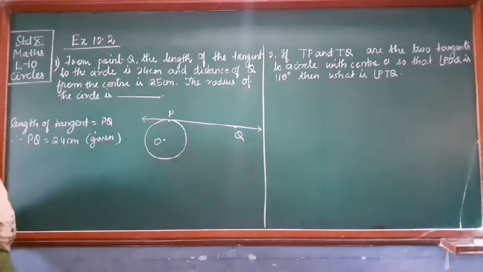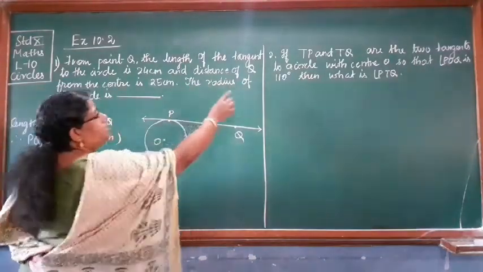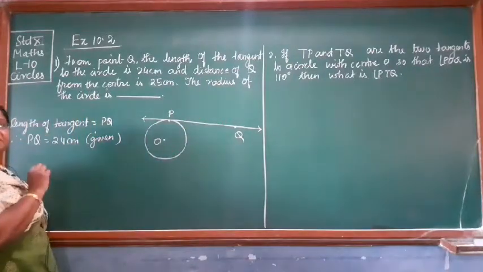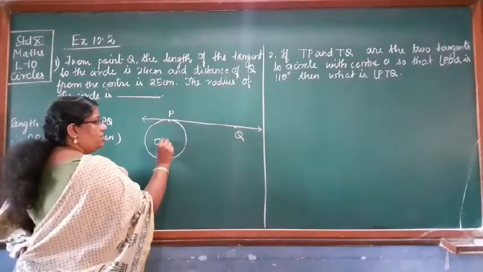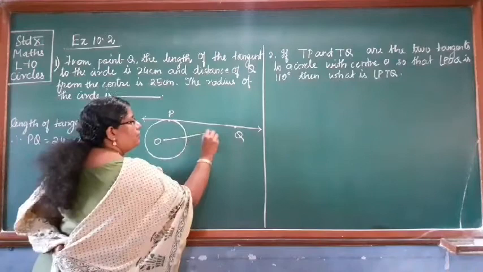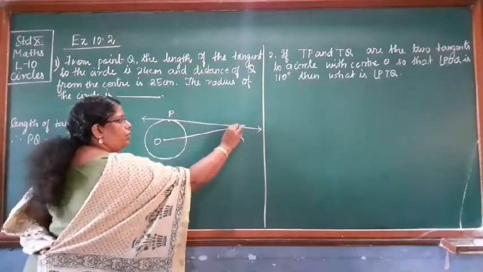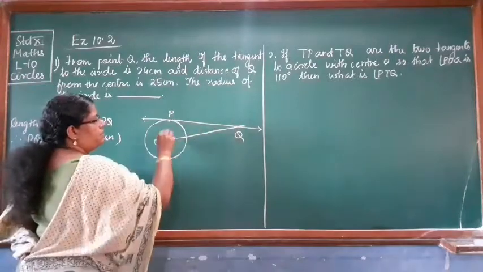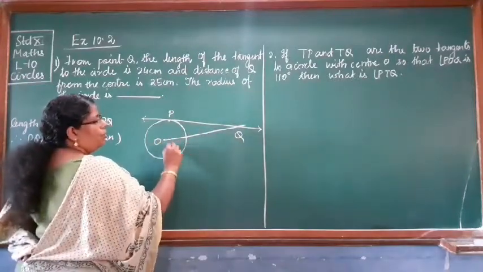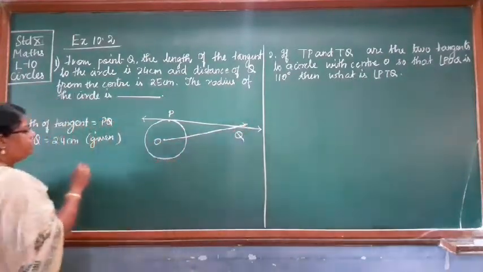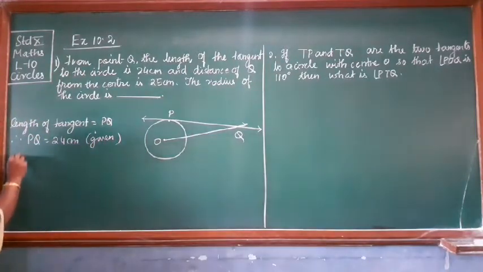So that is over. Then what is given? Distance of Q from the center. So this is your center, and this is your point Q. From here, this particular distance, OQ distance, it is 25 centimeter.